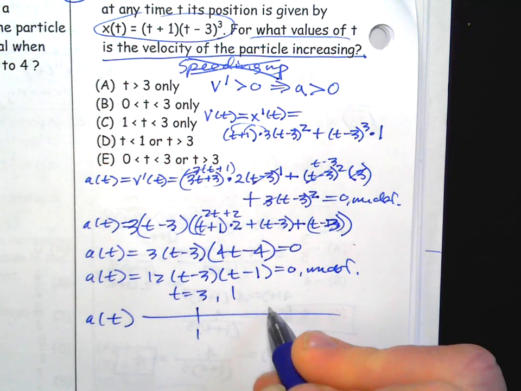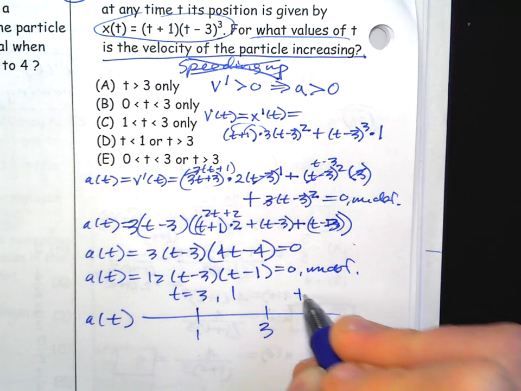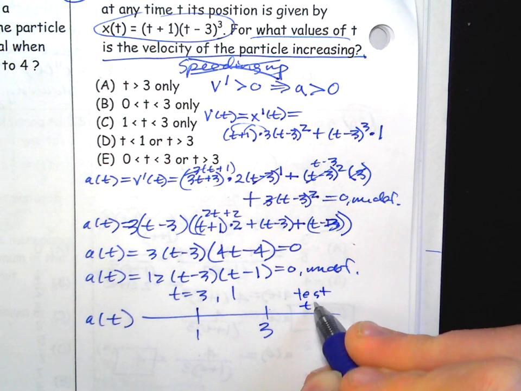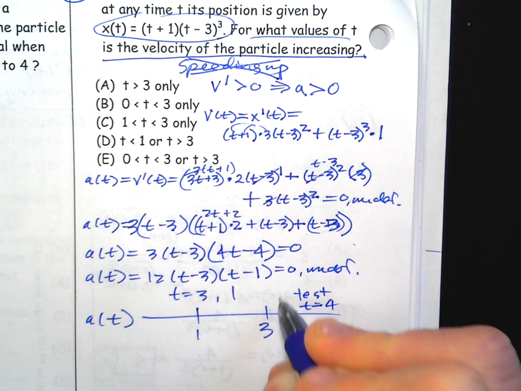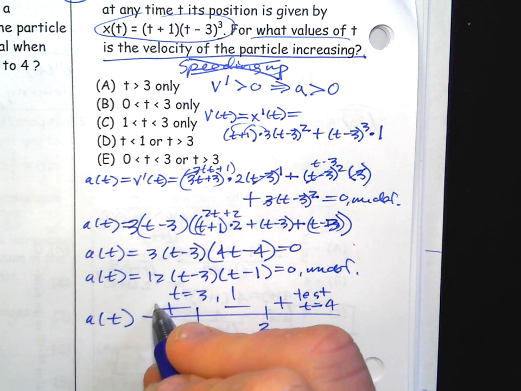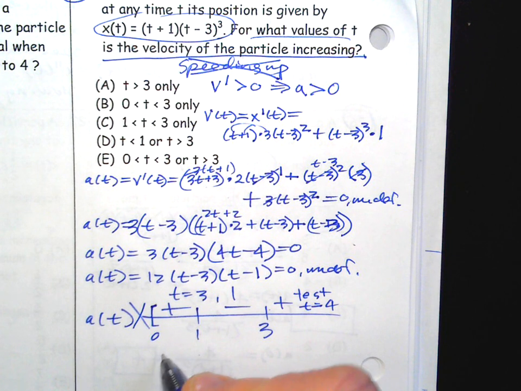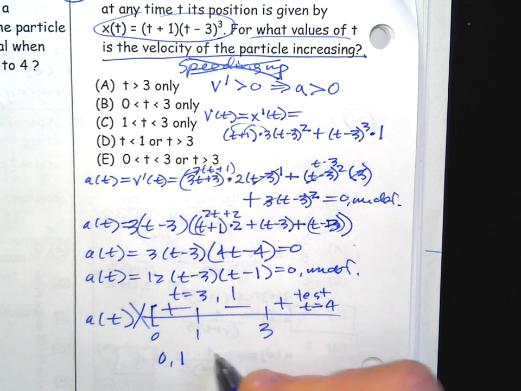1, 3, test t equals 4, positive, negative, positive. Where's the velocity increasing? Now, generally, we do not include negative time. So I'd say 0 to 1, and then 3 to infinity.